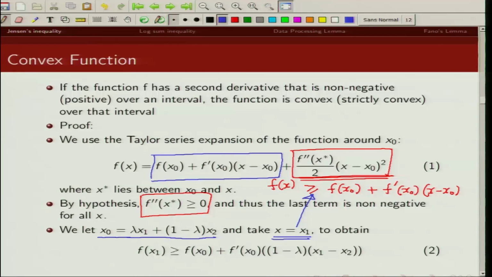So I get here f of x1 is greater than or equal to f of x naught plus first derivative of this function f evaluated at x naught times 1 minus lambda times (x1 minus x2), where x naught is given by this.